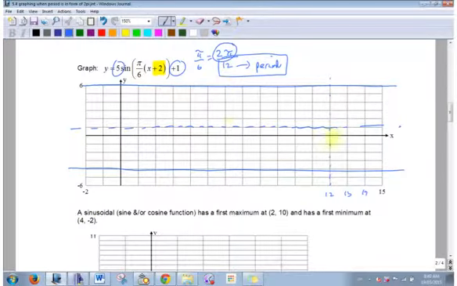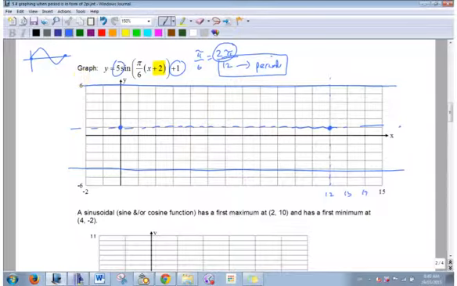Period's 12, so it's a sine wave, which looks like that. Okay? Starts here, ends up there, and, well, I'm going to do that last.